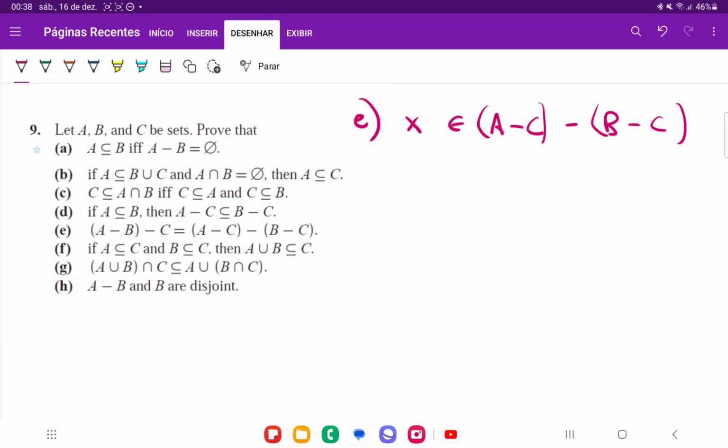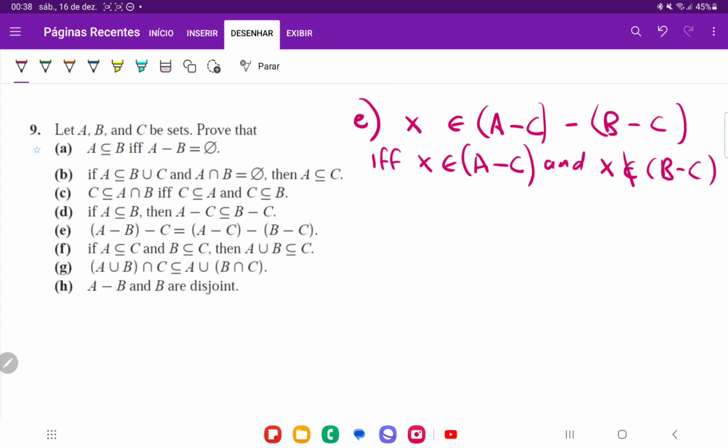So we begin here, and then we want to do an if and only if chain of reasoning, and then end up here. So we're going to say X belongs to this if and only if X belongs to A minus C and X does not belong to B minus C, right?